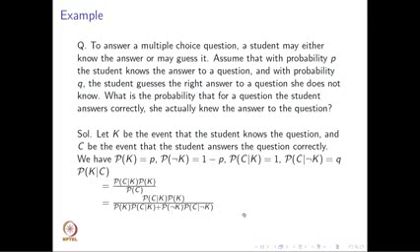Now, using the values which we have gathered from the question, we can arrive at the answer of P divided by P plus Q times 1 minus P.